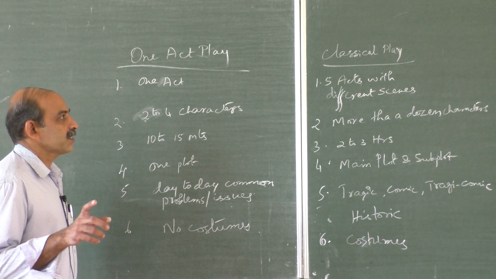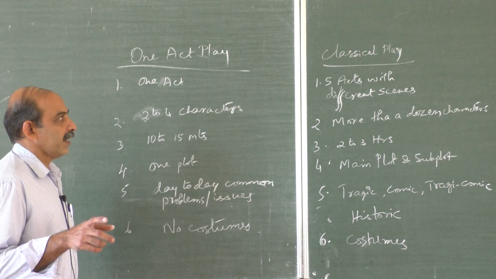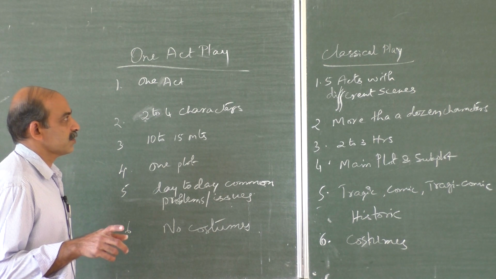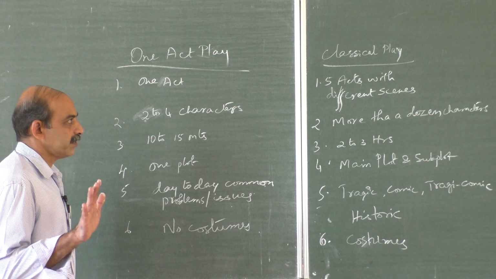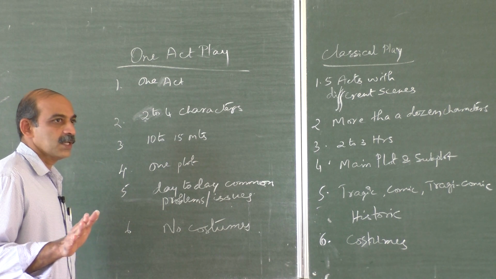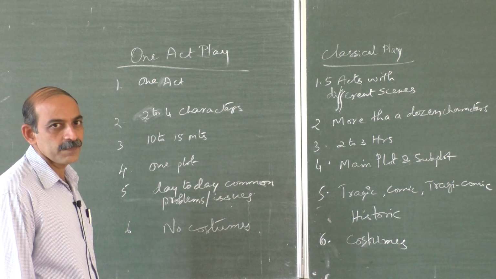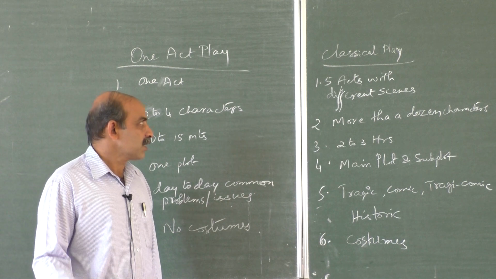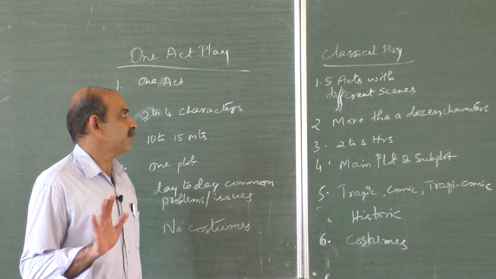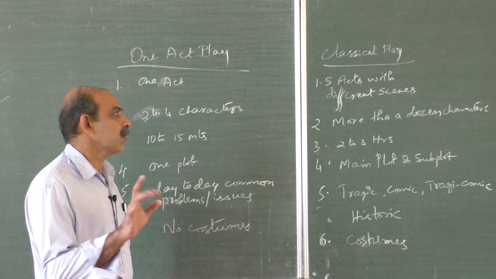Earlier, classical plays were available, and in classical plays there were 5 acts with different scenes, sometimes 6 to 12 scenes. But acts are only 5 acts with different scenes in all classical plays.